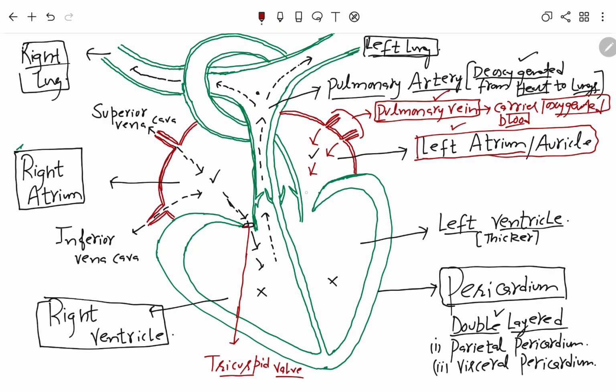From the left atrium, this blood will enter into the left lower chamber of the heart, which is called the left ventricle, and this is oxygenated blood.